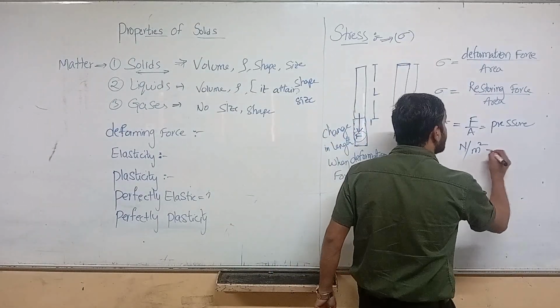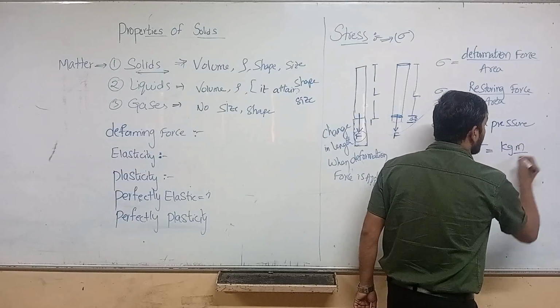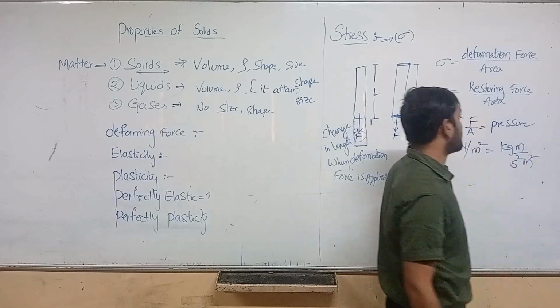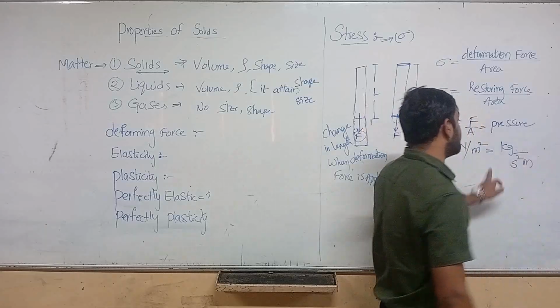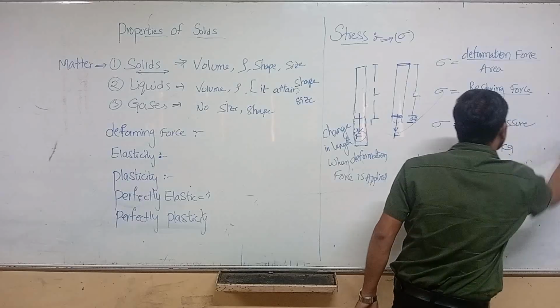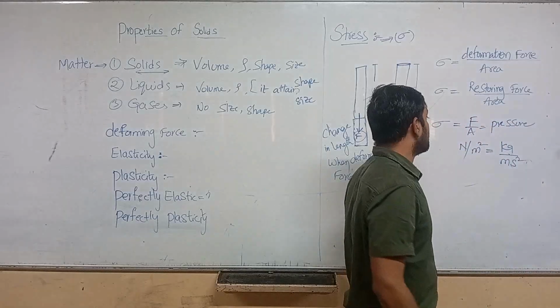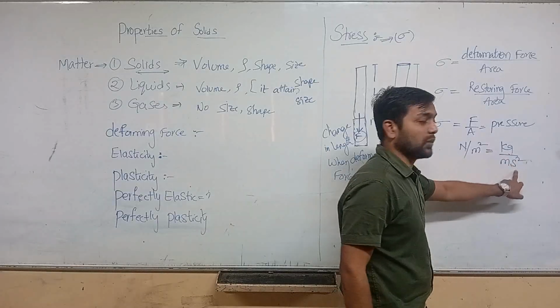We can also write it as kg meter per second square per meter square. This meter and this meter cancel, so the remaining is kg meter per second square.